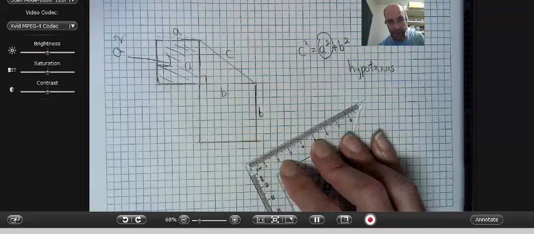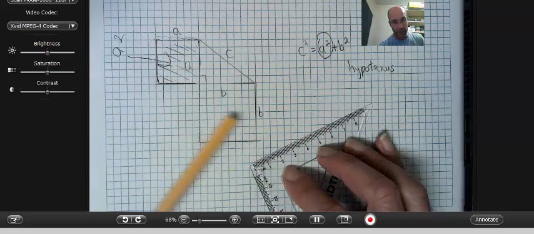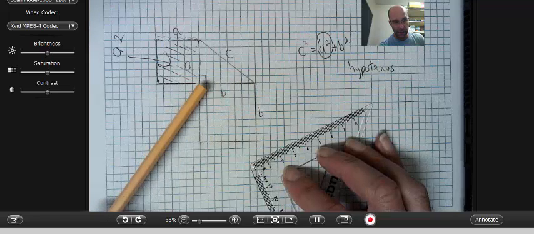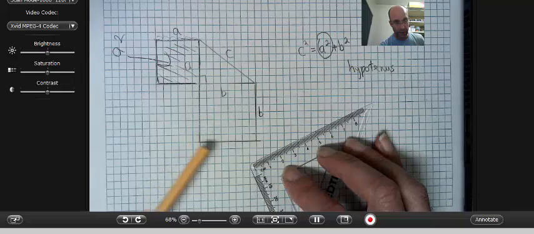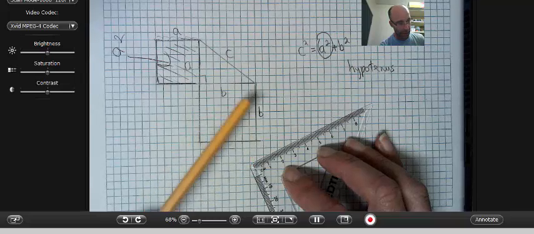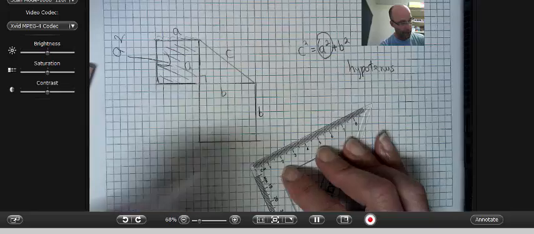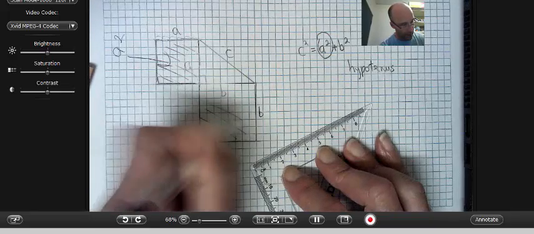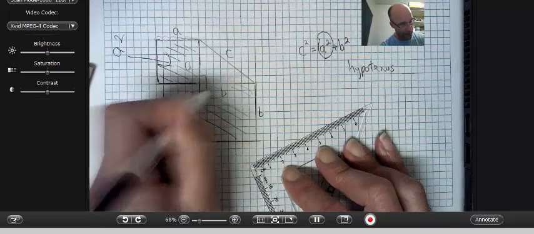I've now gone ahead and done the same with side B. You can see there we've got side B is that length. To turn that into a square, we need another length of B. In fact, all the sides need to be B. To get the area of this, it's side times side, which is B times B, and that area would be B squared.